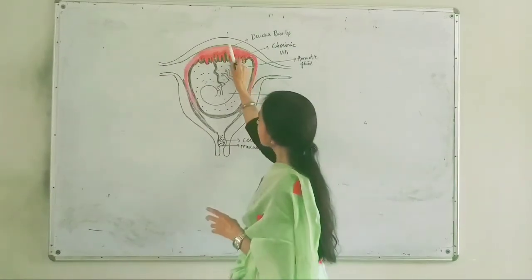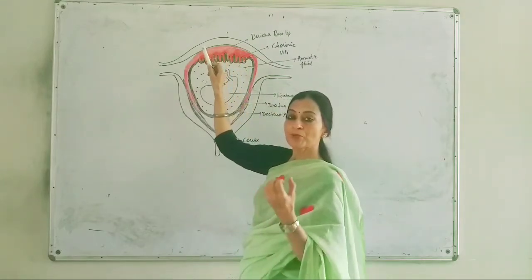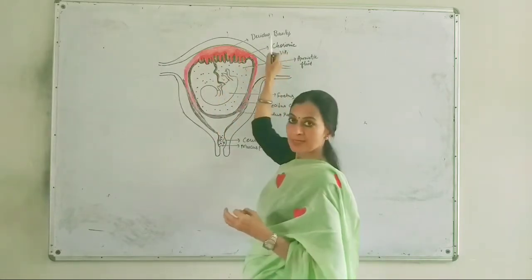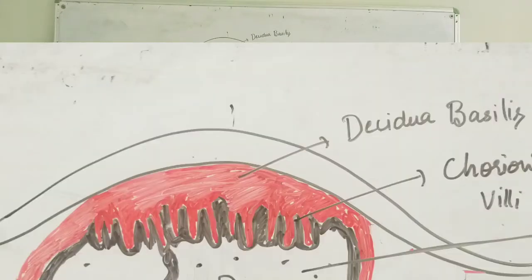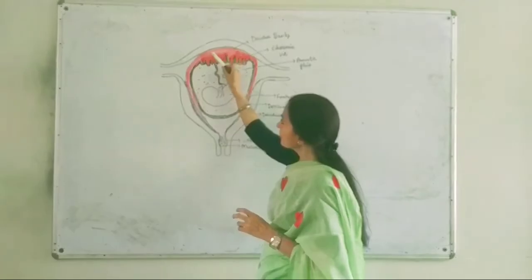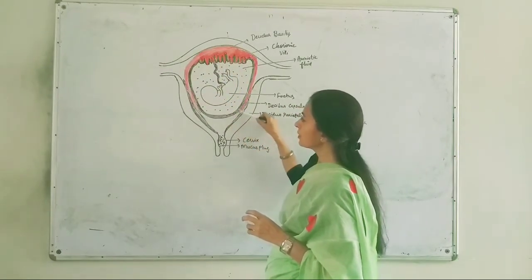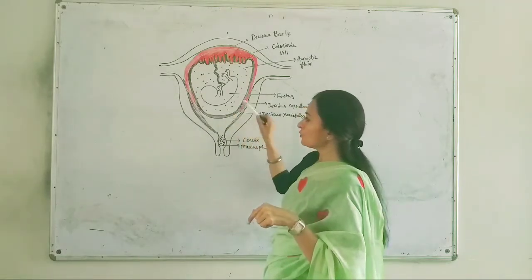Then there is this layer that I have told you about, the temporarily formed endometrium known as decidua basalis. Decidua basalis is in direct connection with the chorionic villi or the chorion membrane, but this decidua is also covering the exterior part of the chorion here.